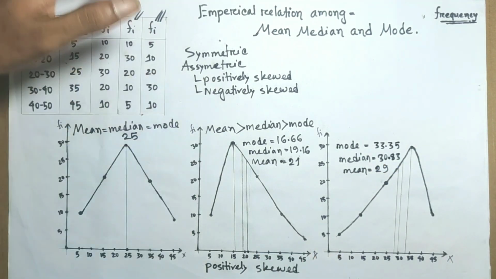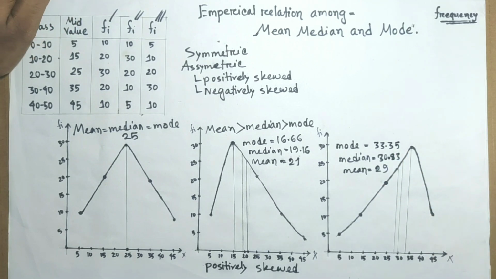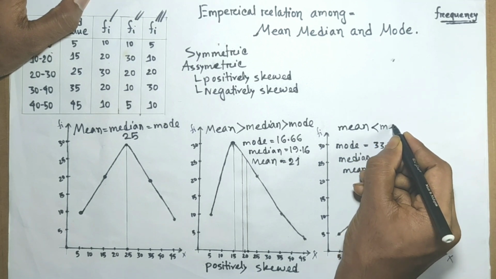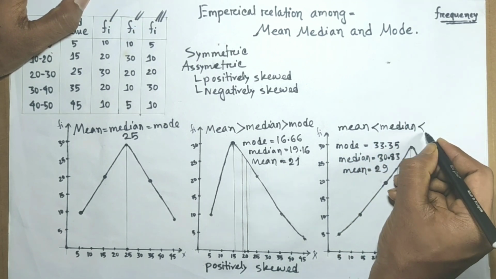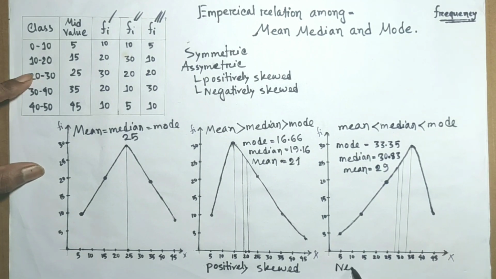If you compare the central tendencies, you can see the mode is greater than the median, which is also greater than the mean. That is, the mean is less than the median, which is also less than the mode. We can see a relation between the central tendencies which is the reciprocal of the positively skewed distribution. So we call this curve negatively skewed.